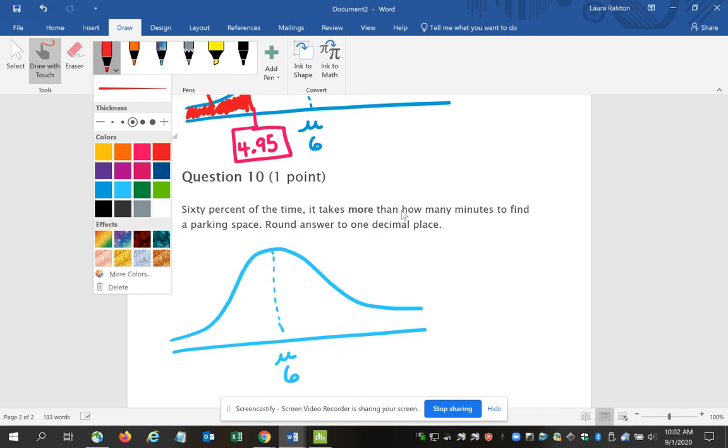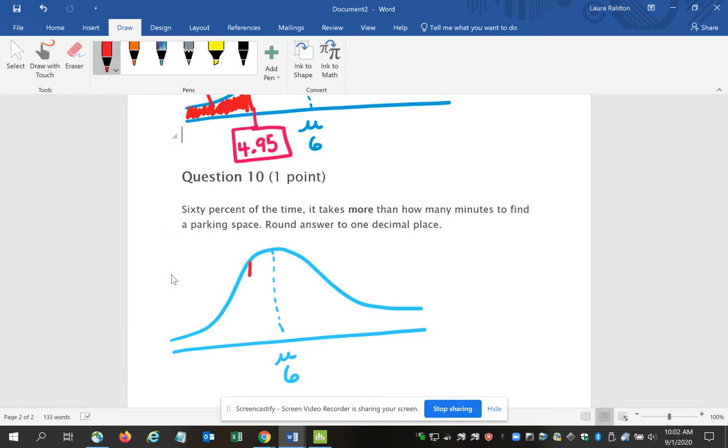So more would imply greater than and would be to the right. So 60% would be this area to the right. And notice I drew my box a little bit past the mean. Remember, from the mean upward is 50%, so I had to back up just a little bit to get to 60. So the 60% is this red shaded region to the right.